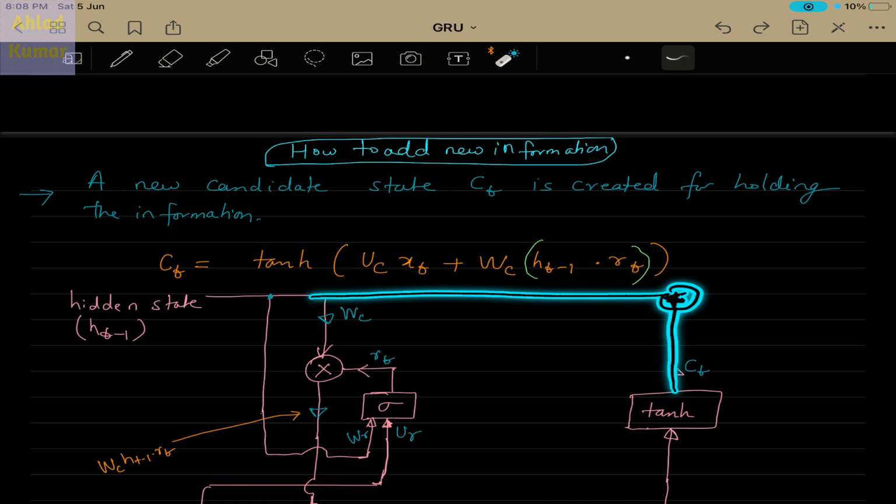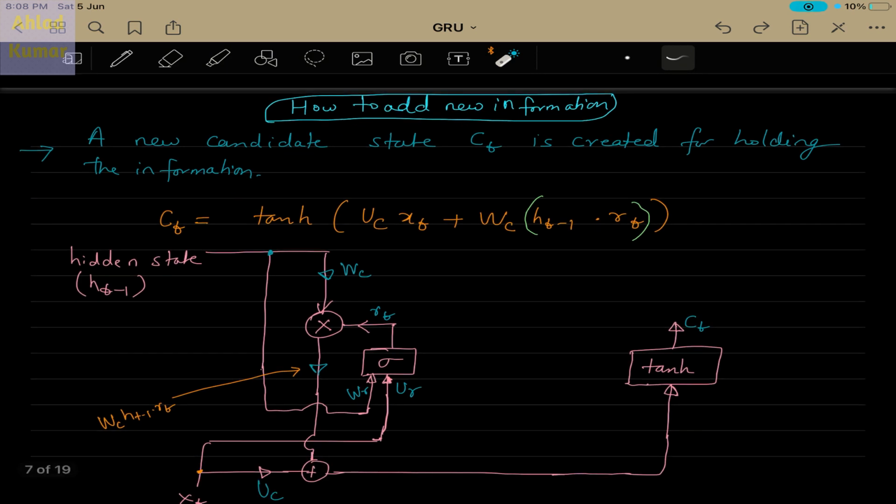It will add that information to the earlier information that we have from the hidden state, and once that addition happens, that will be passed to the next state. So this type of information addition is done through the candidate state ct, which is represented using the following equation. As you can see, this equation has the following setup.